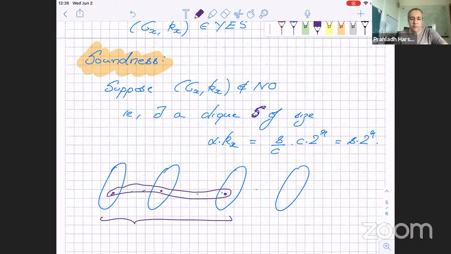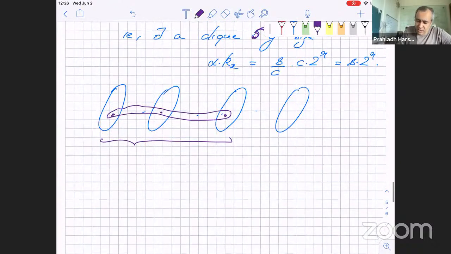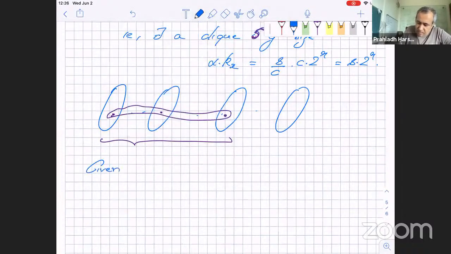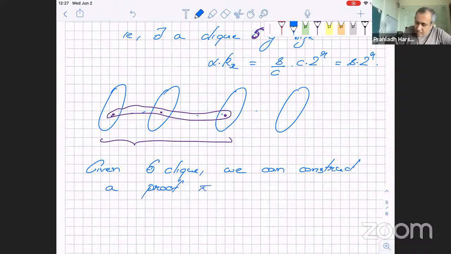That is, given the clique S, we can construct a proof pi such that S is a subset of S_pi.